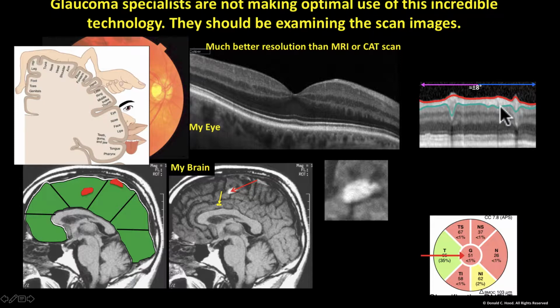Now, what about structure-function relationship? Well, the neurologist working with the radiologist or the neuroradiologist would say, well, gee, that looks like it might be in the somatosensory motor area.